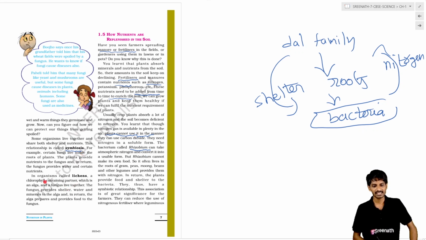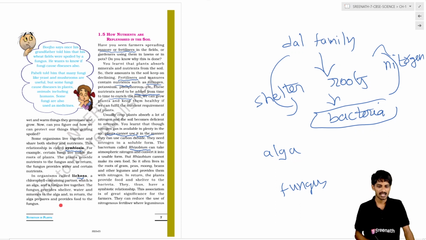Okay. The next one is lichens. What are lichens? In organisms called lichens, there is a chlorophyll-containing partner, which is an alga. There is a relationship between algae and fungus. The alga has chlorophyll, so it prepares the food. The alga and fungus live together.